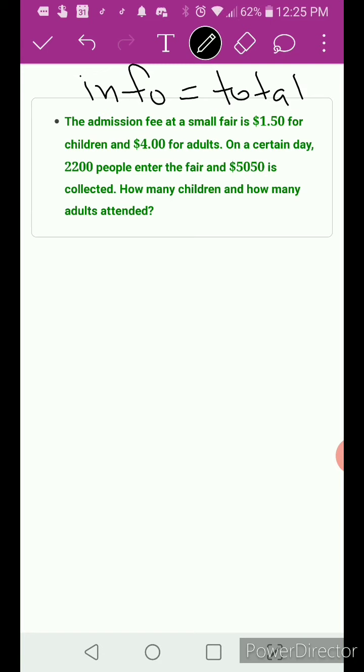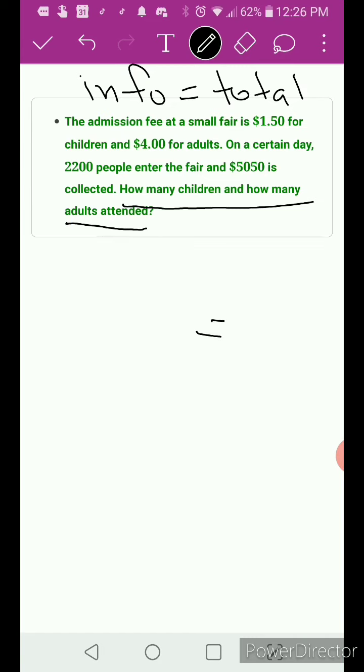Now here's the most important part. How many children and how many adults attended? So always in the last line of your system, they're going to identify the variables. A lot of people might think that the children and the adults are the two themes that we're working with. No. Those are the two variables that we need to include within our equation.